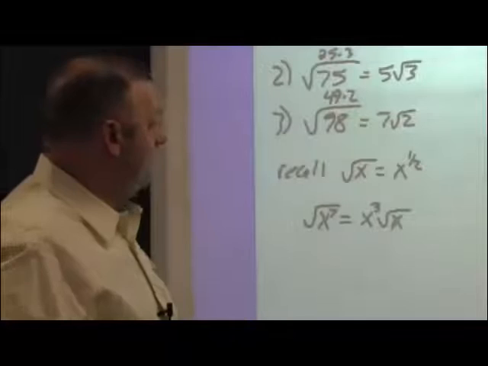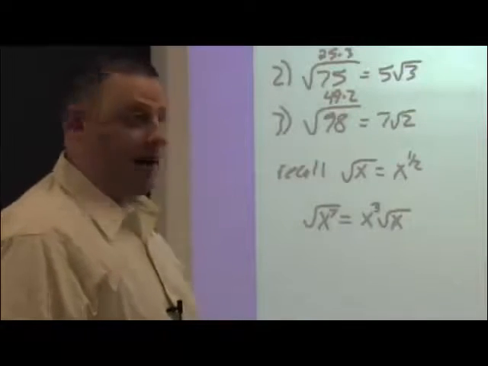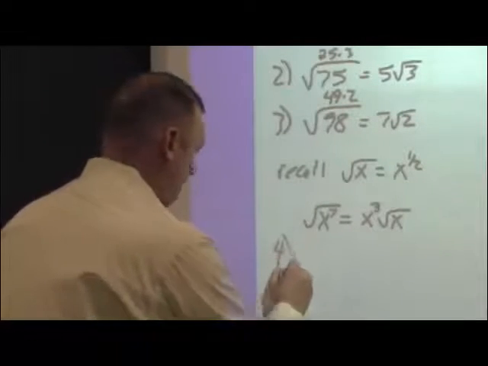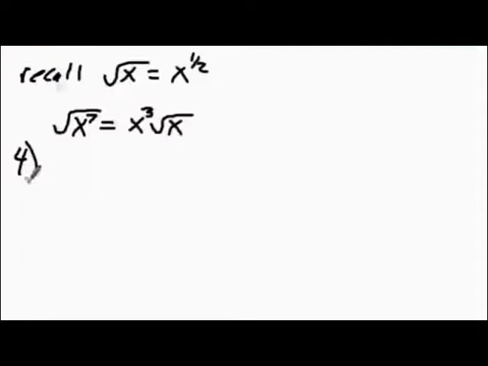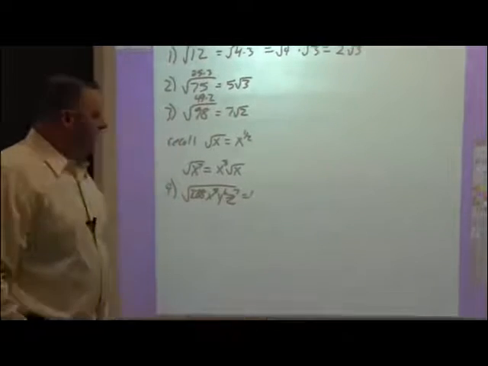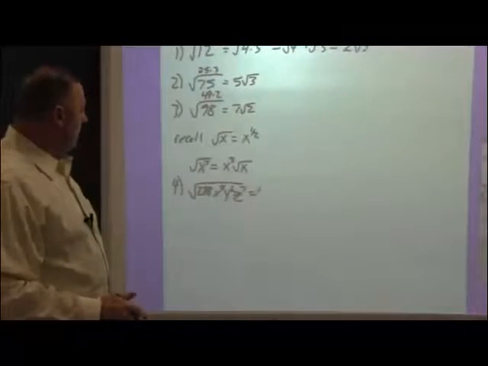Now let's add the numbers and variables all together, such as the square root of 288, x to the 5th, y to the 6th, and z to the 7th. Okay, you're going to have to think about, well, what times what's 288?